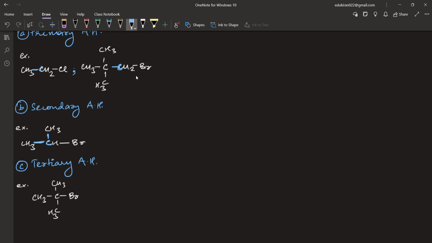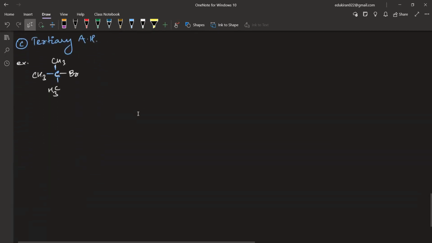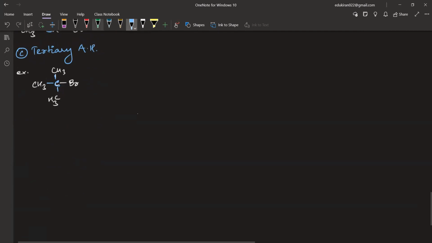So this is the carbon connected to Br, the halogen atom, further connected to three other carbons. That is why it is tertiary. Yes or no, please tell me. Primary, secondary, and tertiary. Okay, fine.